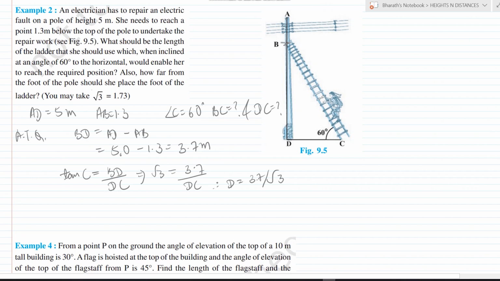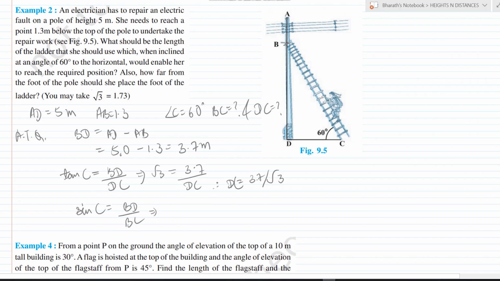Fine. It can be written as 2 also. Now, to find BC, sin C is equal to BD divided by BC.